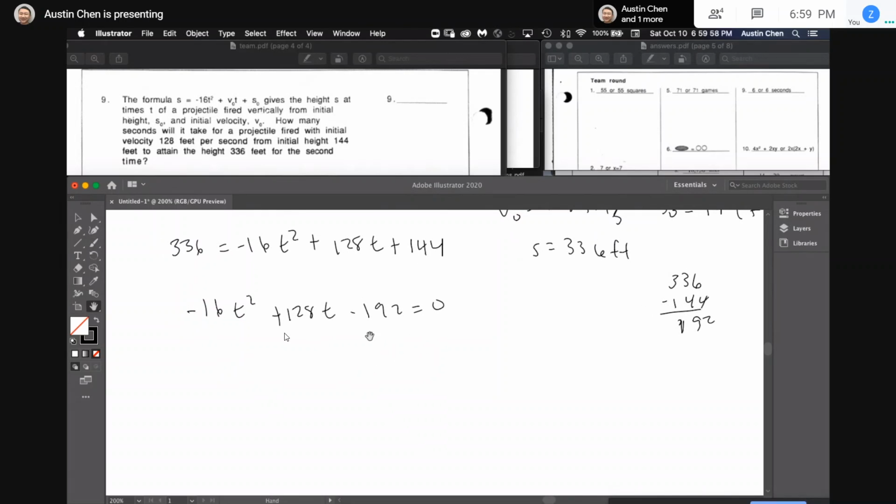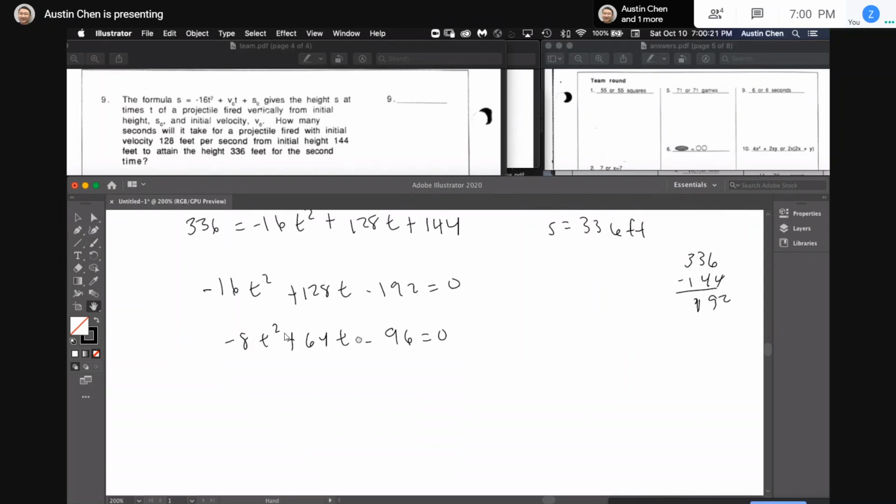And then we should try to make these numbers a little bit smaller. We can see that all of them are even, so we could divide by 2 for all of them. So we're going to get negative 8t squared plus 64t minus 96 equals 0, and they're still all even.